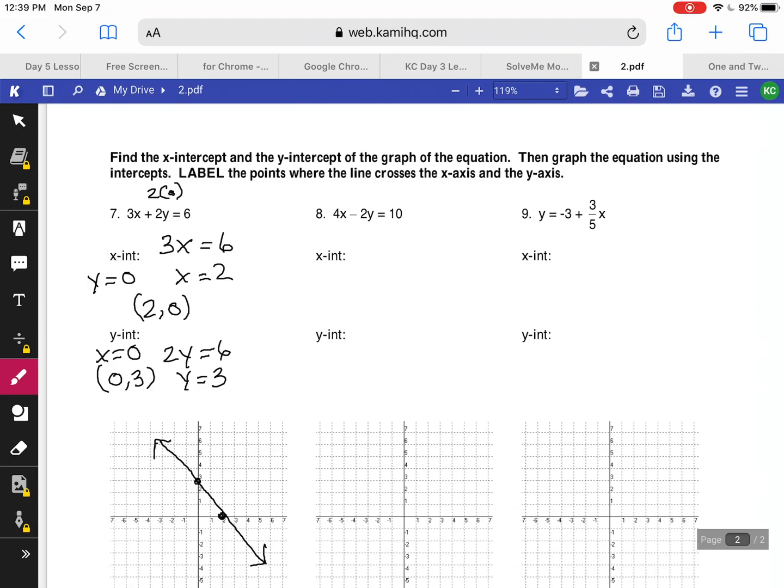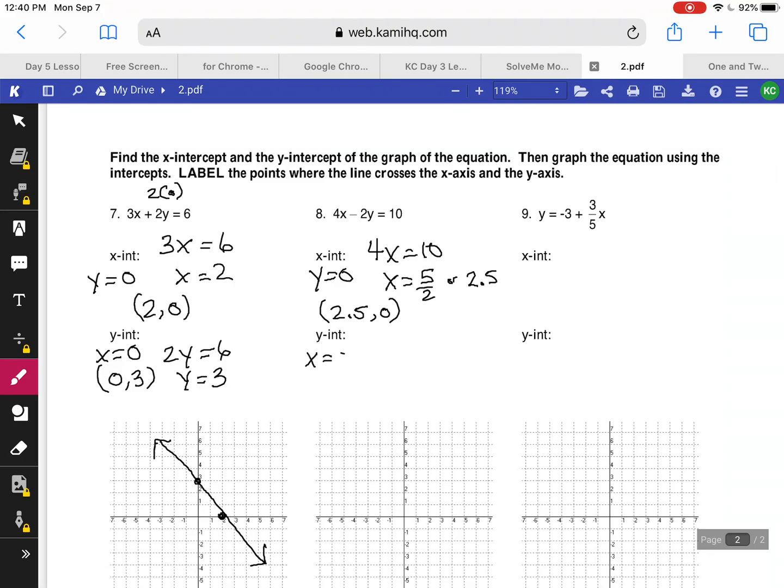Doing the same for example number 8, that x-intercept, y is equal to 0, and I would have 4x equals 10, x equals 5 halves, or 2 5/10. And so I can see (2 5/10, 0) as my x-intercept.